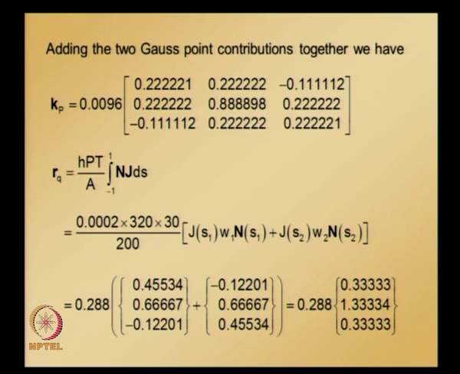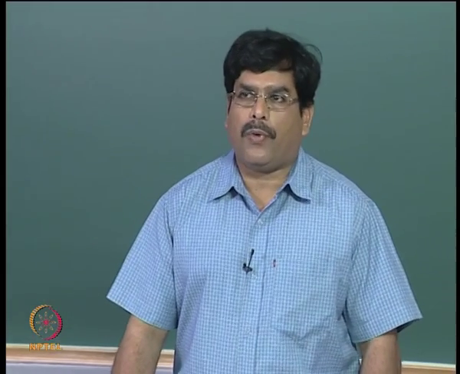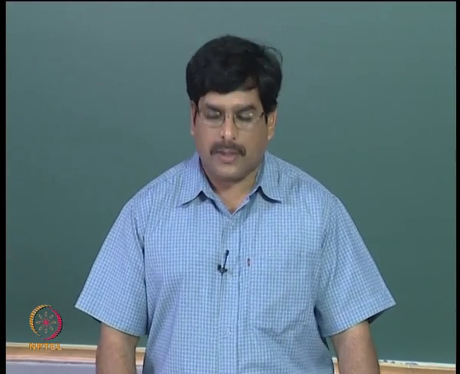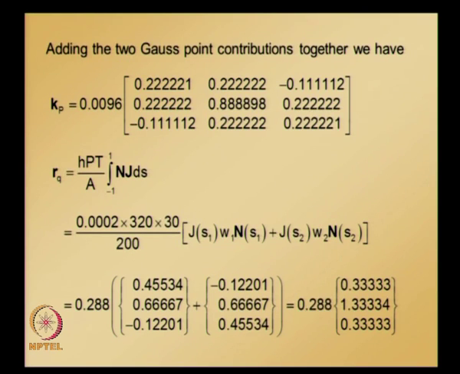Usually in the finite element method 2 point integration is adopted, but if somebody requires, or if they can guess that the order of the polynomial in the integrand is higher, then we can go for higher order Gauss quadrature, that is using more than 2 Gauss points.